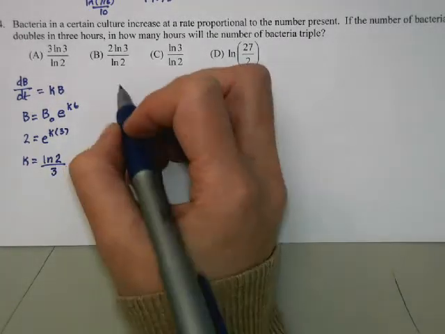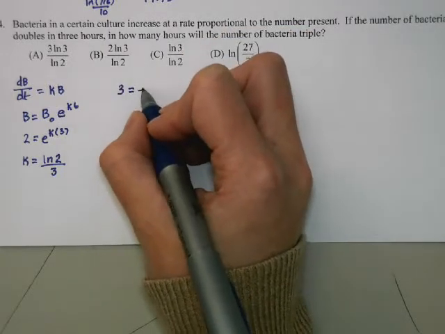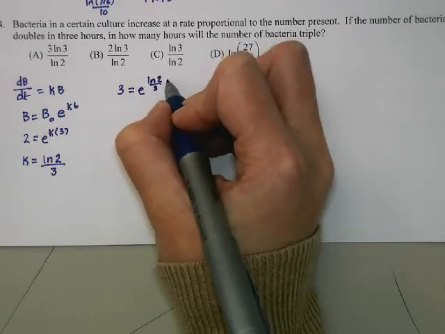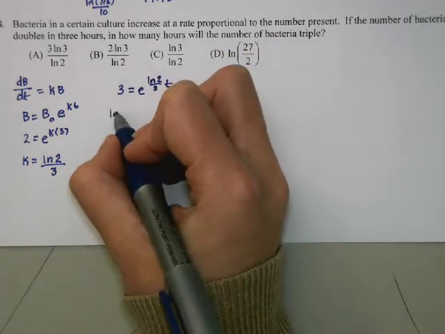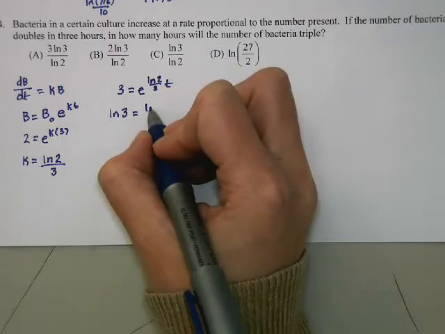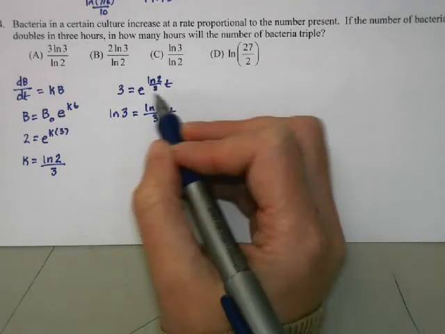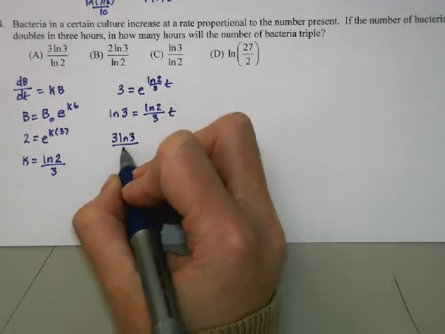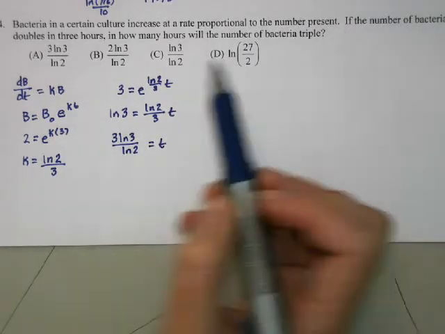So 3 is going to equal e to the ln 2 over 3 times t. And we're going to solve. We'll take the natural log of both sides. And solving for t, I'm going to multiply by the reciprocal here. So we're going to have 3 ln 3 over ln 2 is our time, which is A.